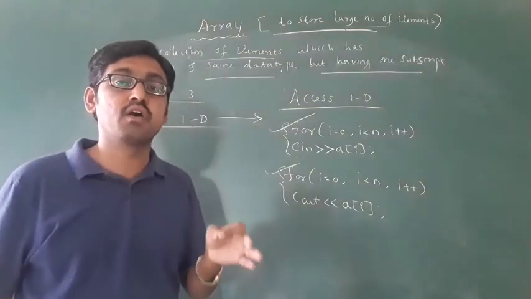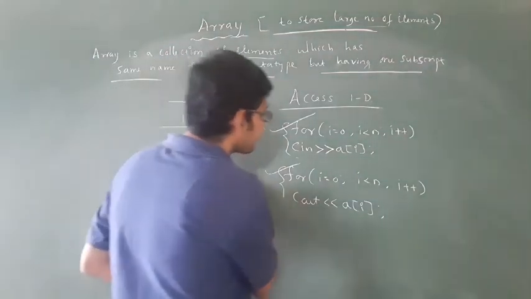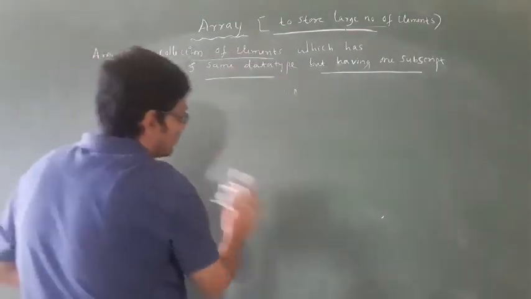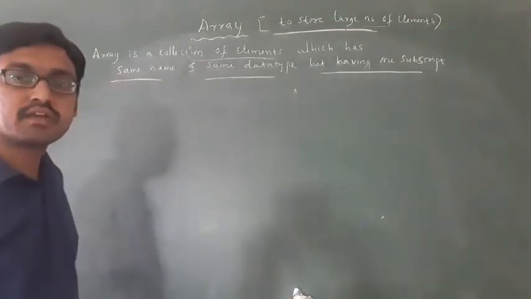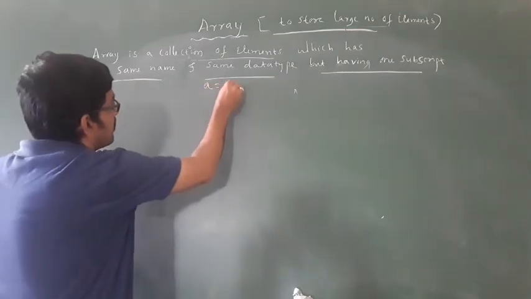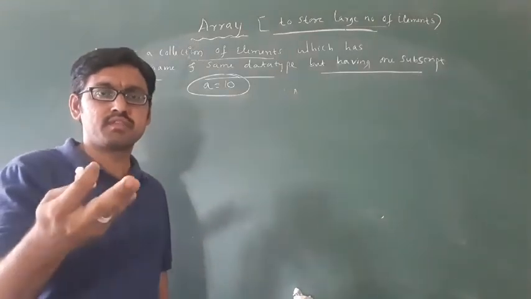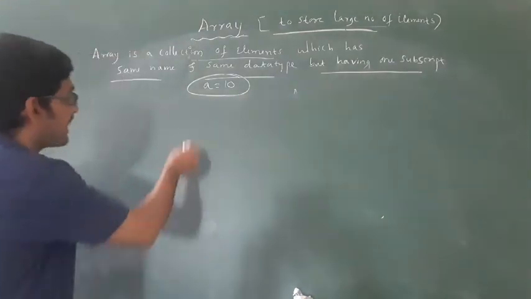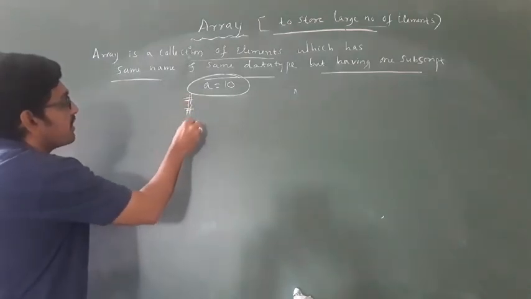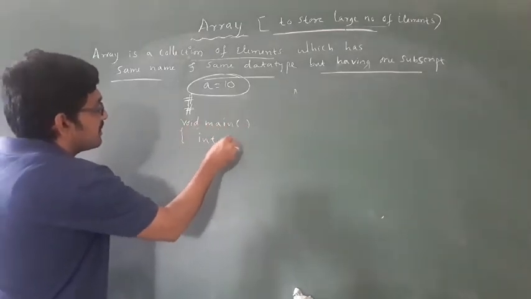Now go for a program, then you can understand how to use an array in a program. Already I want to display only 10, a equal to 10. Normally how to display? I am writing hash include iostream.h, hash include conio.h, then void main, then take one normal variable, int a.